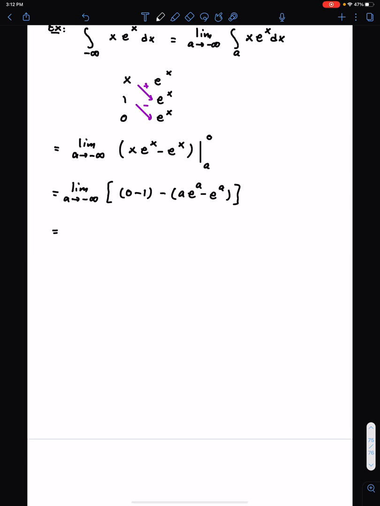So this is equal to the limit as a approaches negative infinity of negative 1 minus a e to the a plus e to the a.